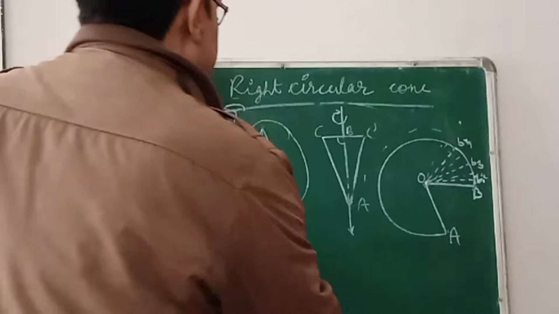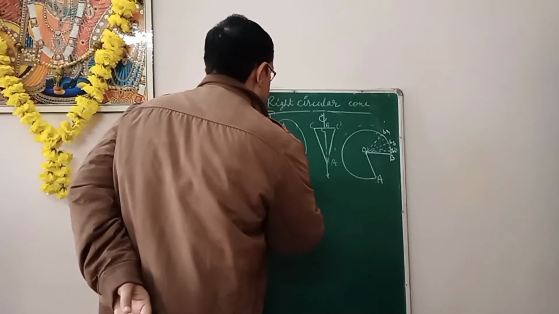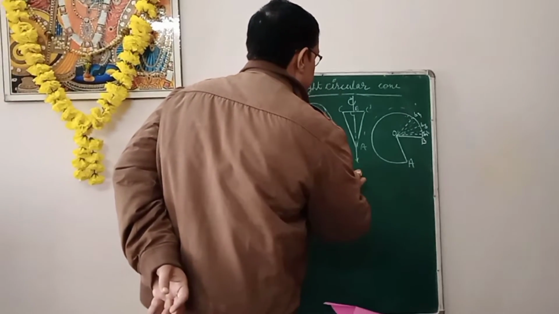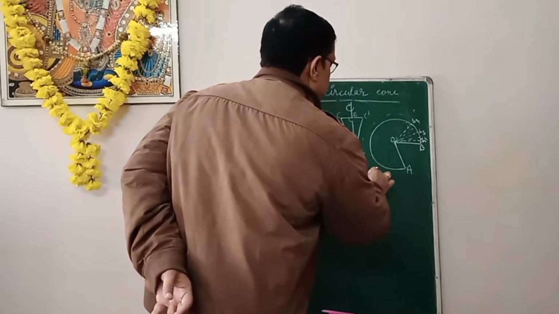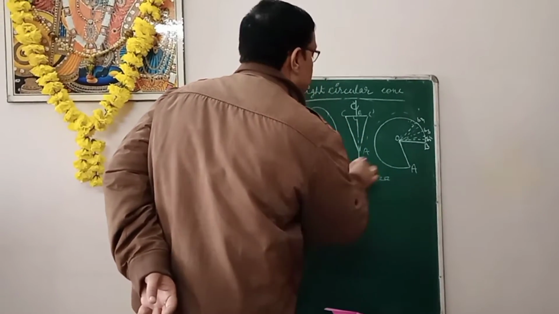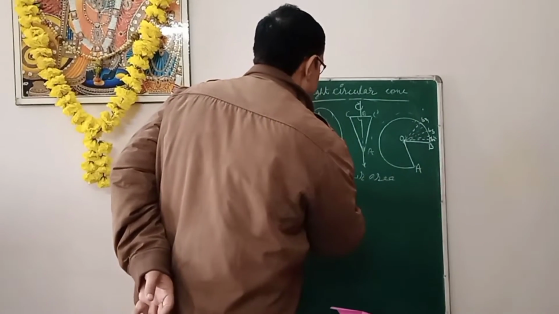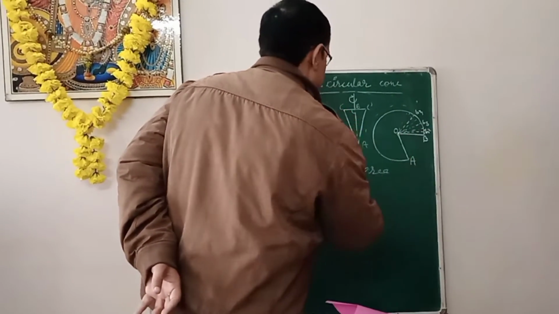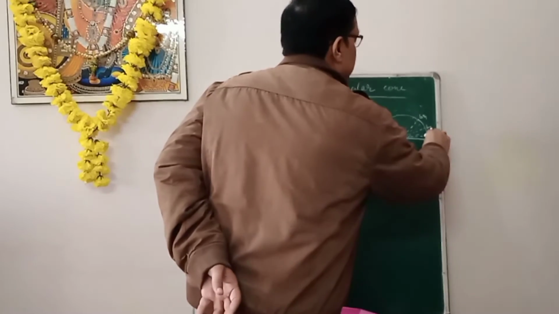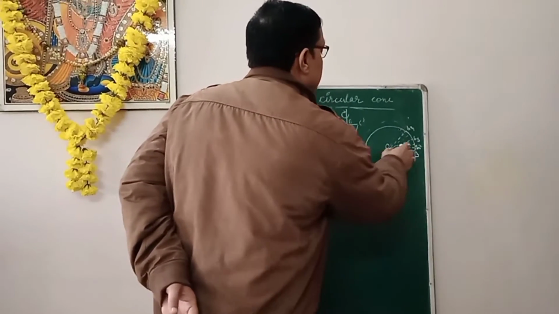So what will be the curved surface area? It is the sum of the areas of all such triangles.